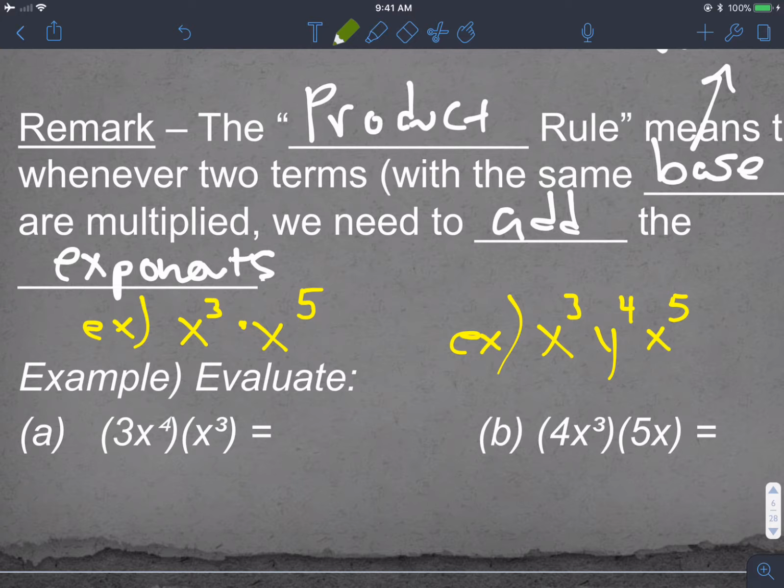Okay, so x to the third times x to the fifth. It's the same variable. It will become x to the eighth. And you're done.